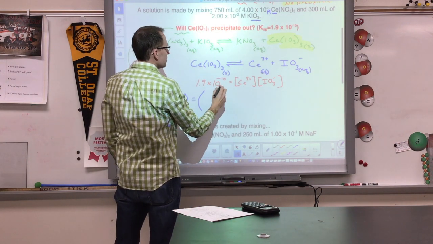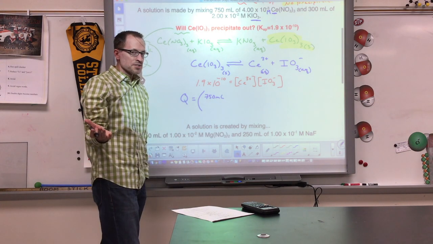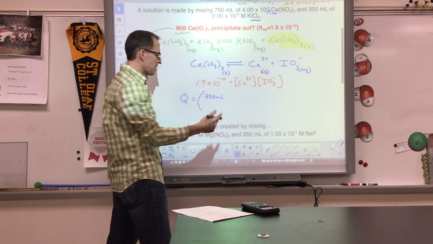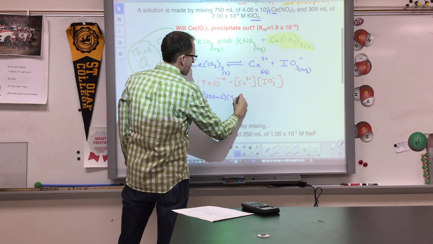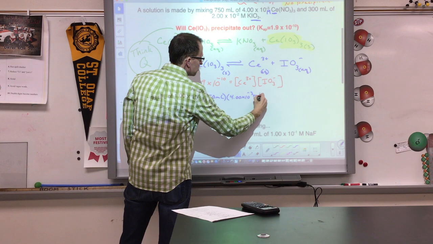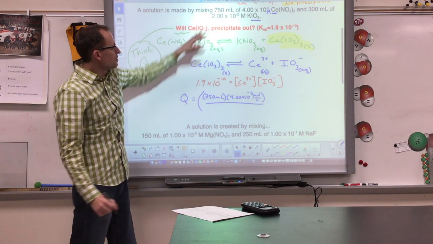So I'm going to take my volume, and you could do this by liters. My gosh, you could totally do this by liters, but I'm going to do it in milliliters and then just redivide it by milliliters. So I have 750 times the concentration, which is moles over liters, over the total volume.